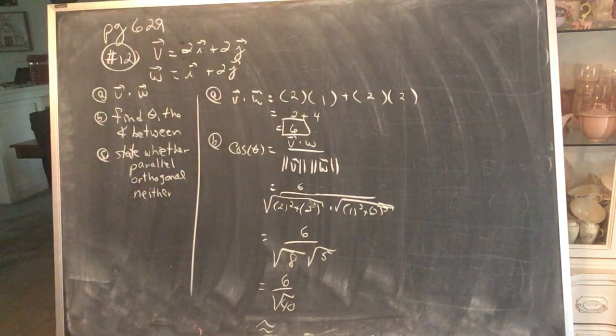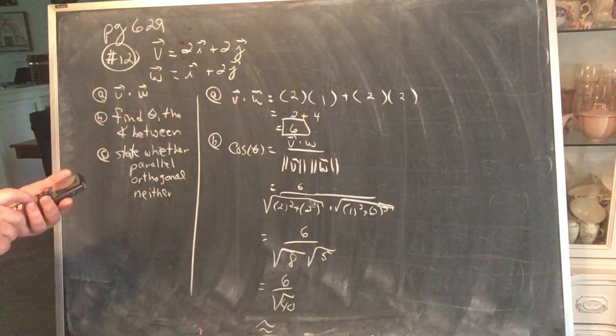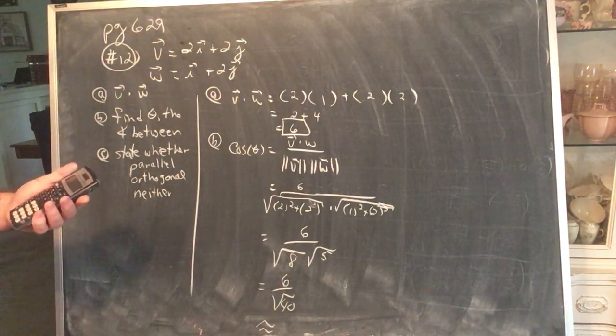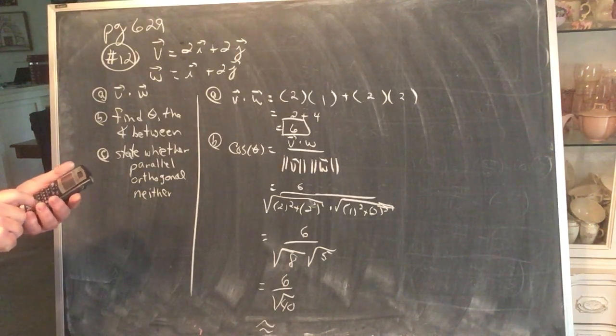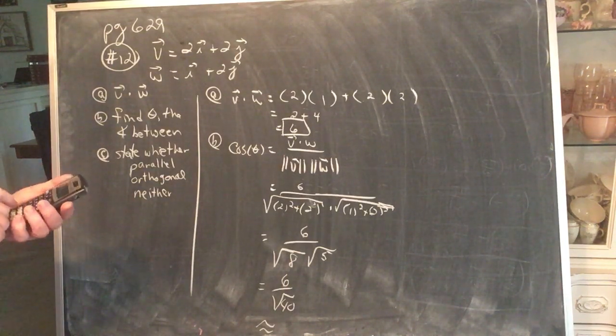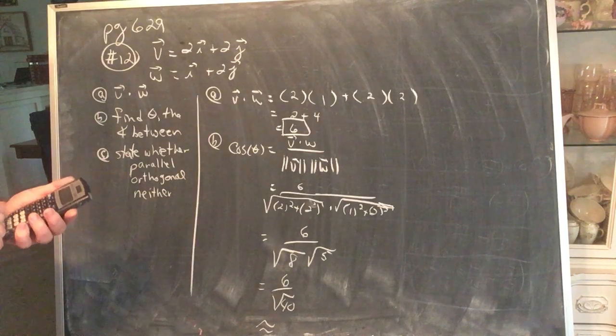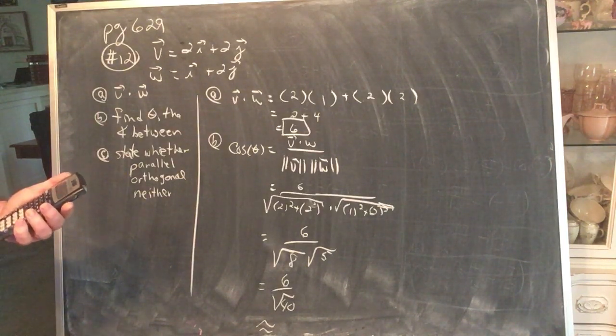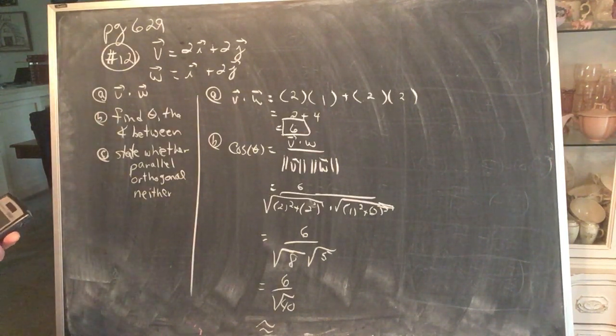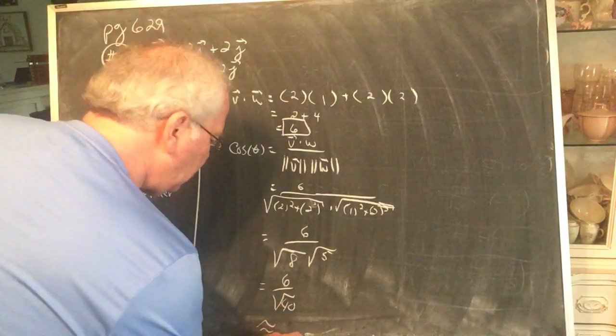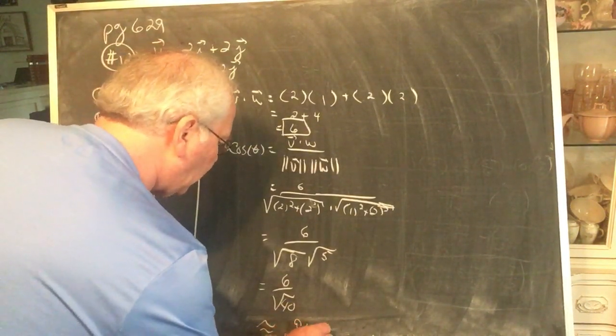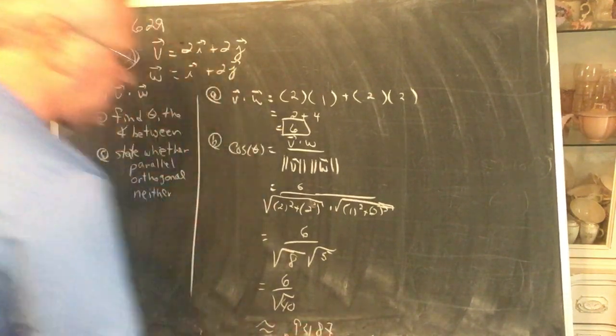And so 6 divided by the square root of 40, I'm going to simply appeal to the calculator. I have 6 divided by the square root of 40, and that works out to be 0.9486. I'm going to just say 0.9487 approximately.